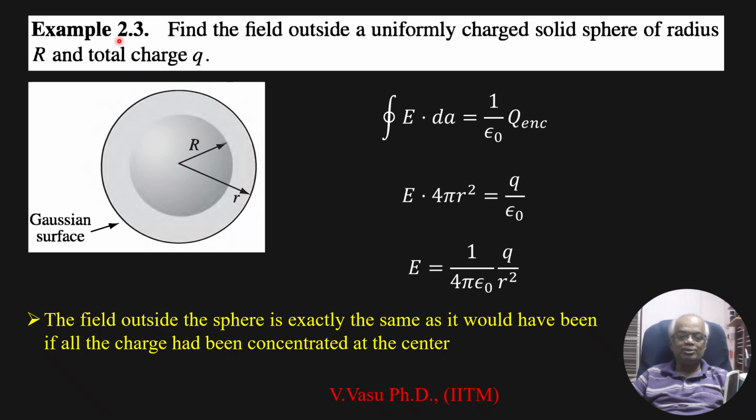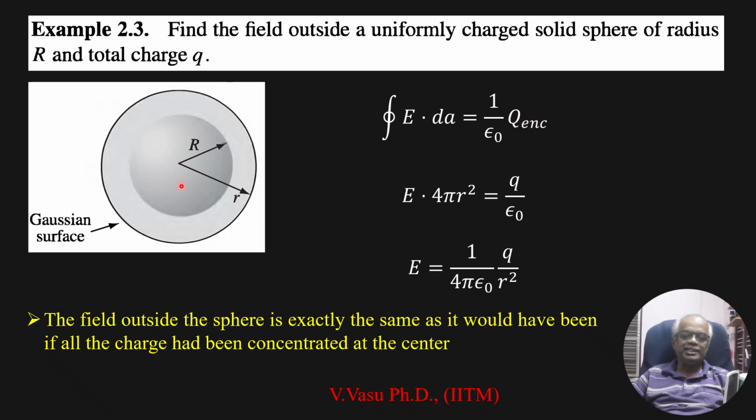In example 2.3, find the field outside a uniformly charged solid sphere of radius R, where the total charge is Q. So now you apply Gauss theorem. In Gauss theorem, the surface integral of E dot dA is equal to 1 over epsilon naught times the charge enclosed.